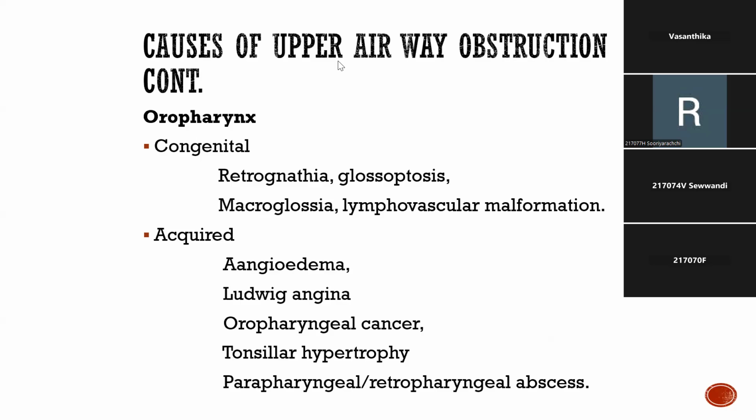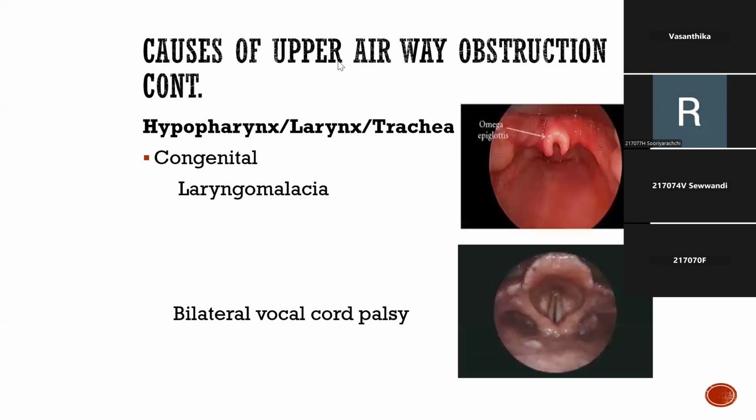Acquired causes include hemangioma, angioedema, allergic reactions, Ludwig's angina, which is a soft tissue infection in the oropharynx and floor of the mouth, oropharyngeal cancers, tonsillar hypertrophy, and parapharyngeal or retropharyngeal abscesses, which can give rise to acquired oropharyngeal airway compromise.